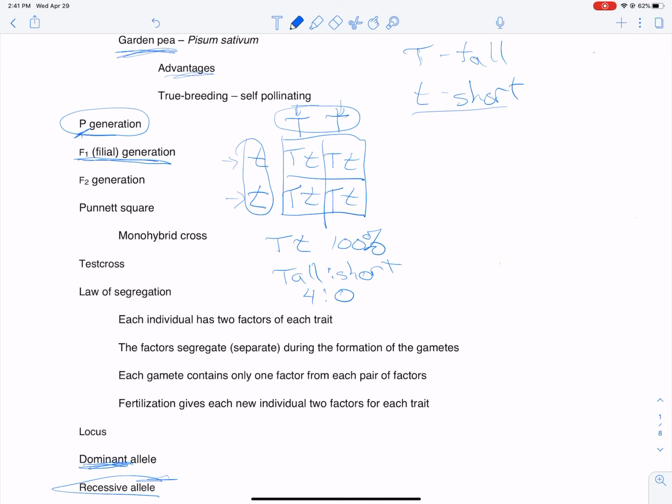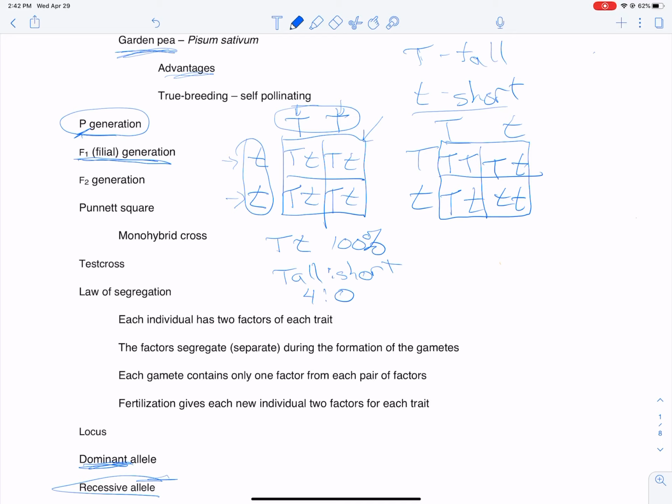So now if I take that F1, remember the ones in the boxes are the F1 generation. If I take them and cross them, in this case I'd have a capital T, small t for one parent, and the same for the other parent. If I drop that capital T down, and this small t down to both boxes, that capital T across to both, and the small t across to both.